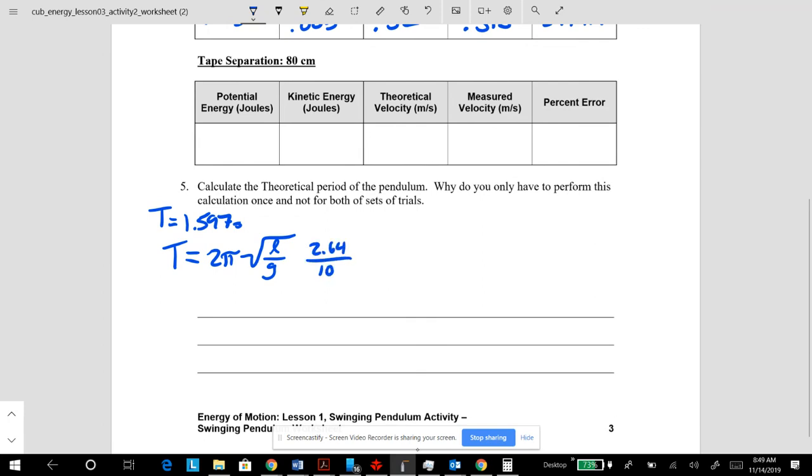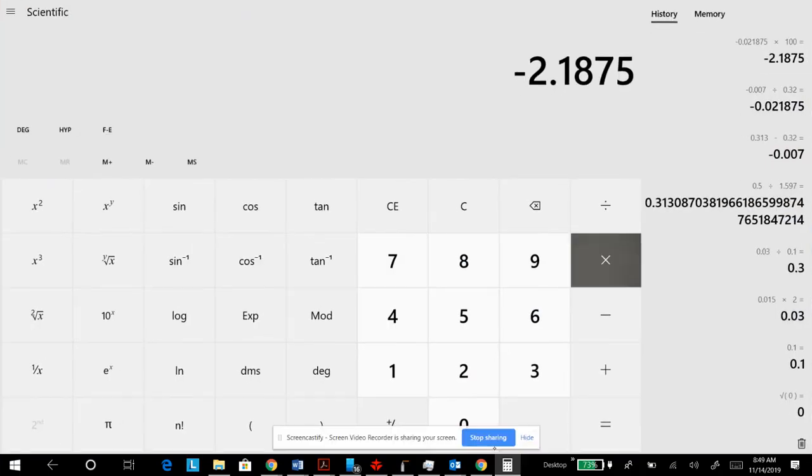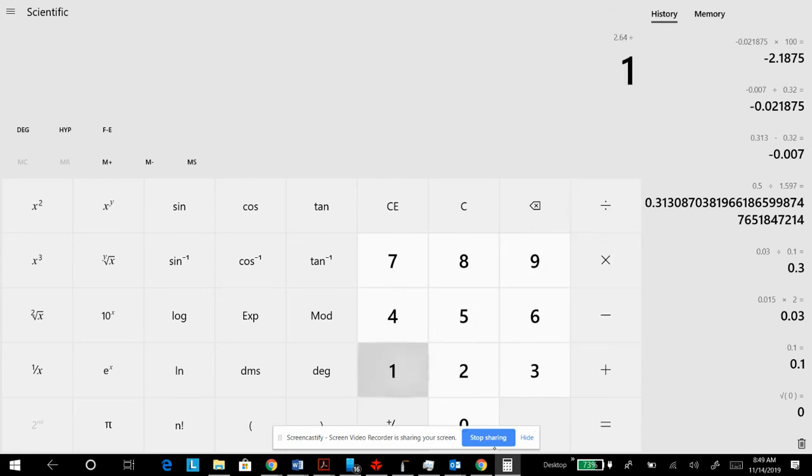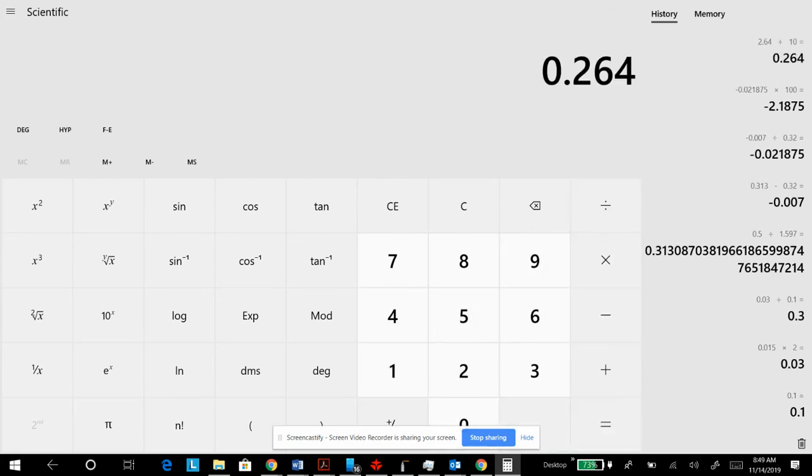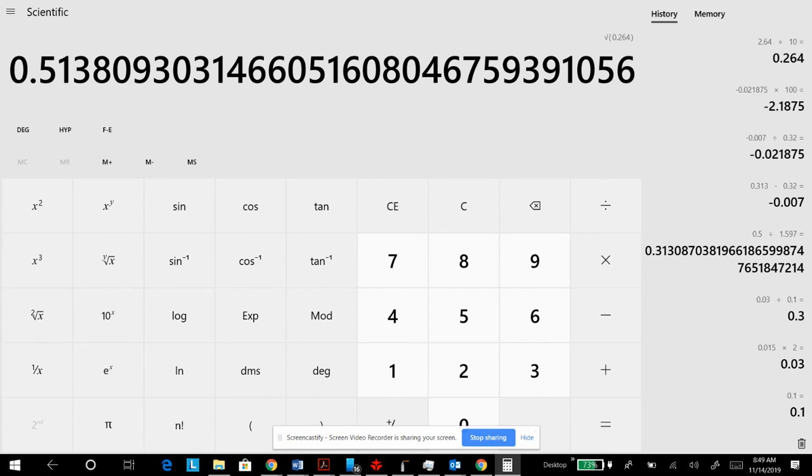I'm going to say gravity is 10, so I'm going to square root that first. Let's try that. 2.64 divided by 10, right? And then I'm going to square root it. So I have 0.514. I'm going to round up just a little bit.